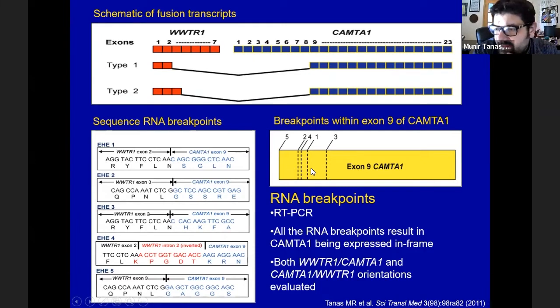As you look at the breakpoints within exon 9 of CAMTA1, you can see that there's some microheterogeneity here. They're not all in the same part of CAMTA1, but importantly, the breakpoints result in CAMTA1 being fused in frame to WWTR1. So there's a functional protein on both sides of the fusion protein, both the N-terminus and the C-terminus.